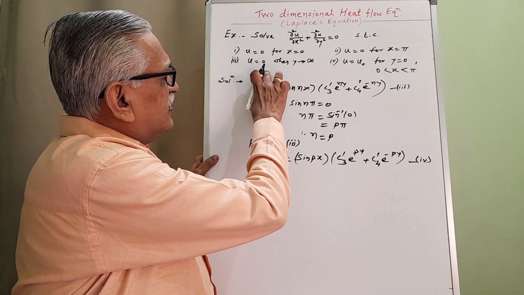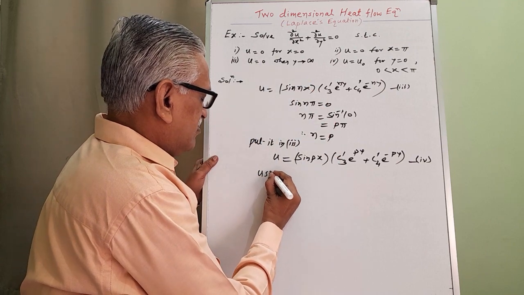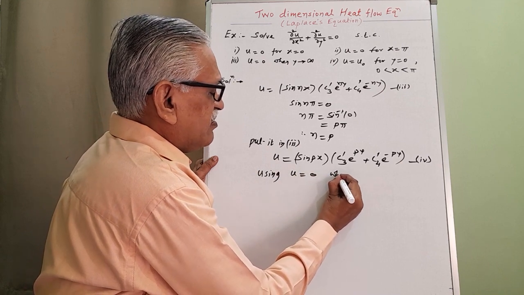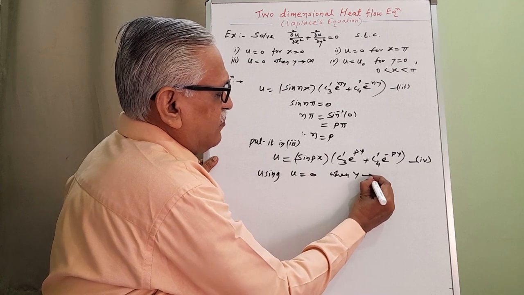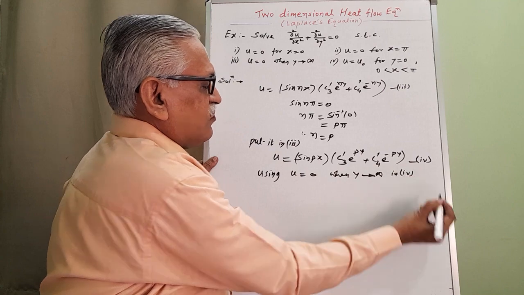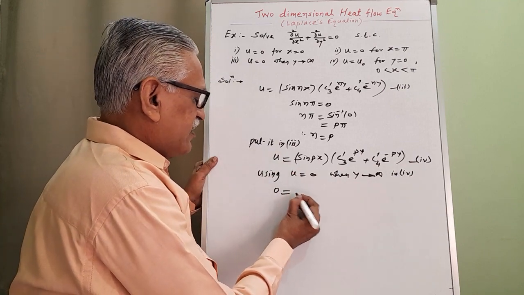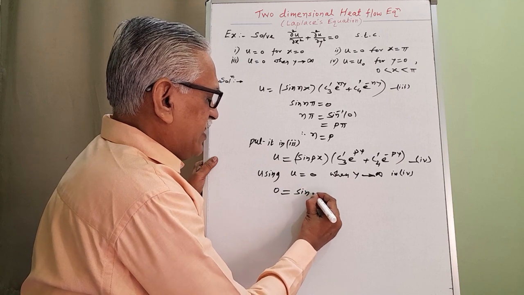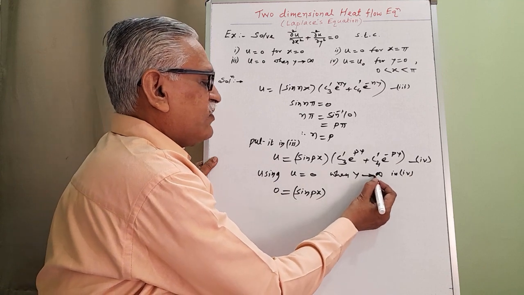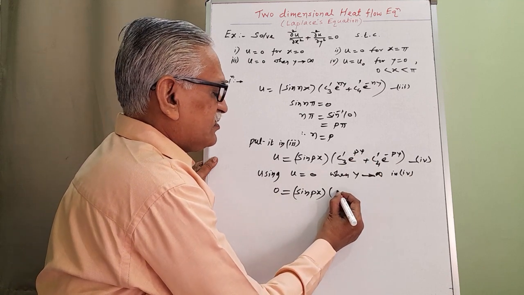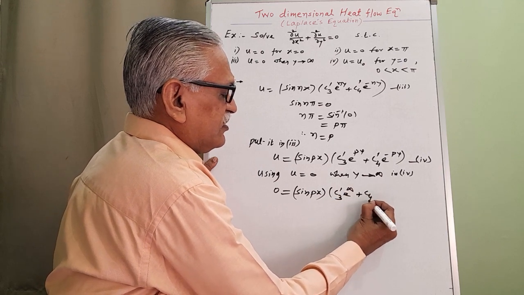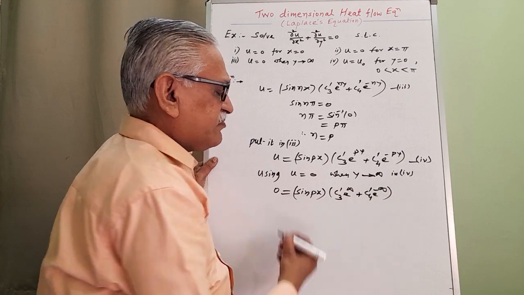Then using condition number 3, u = 0 when y tends to infinity, in equation 4. We get the left hand side as 0, the right hand side becomes sin px multiplied by, when y tends to infinity, c3 dash e^(infinity) + c4 dash e^(−infinity).